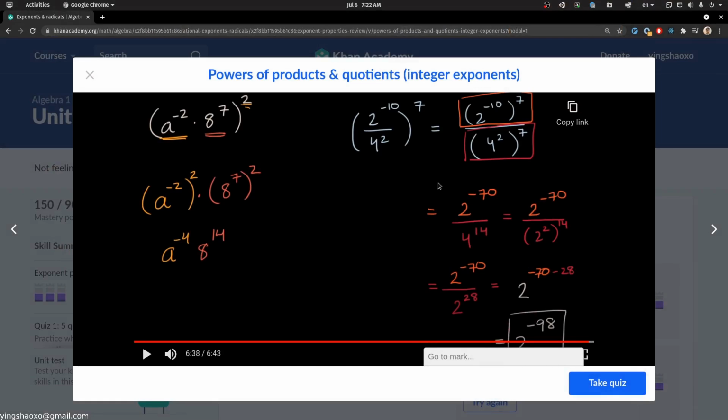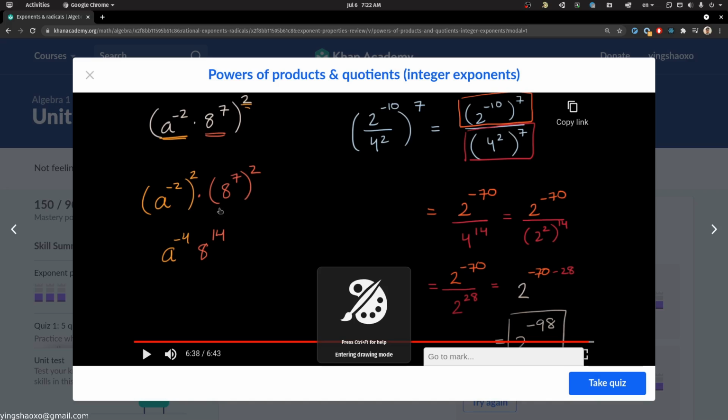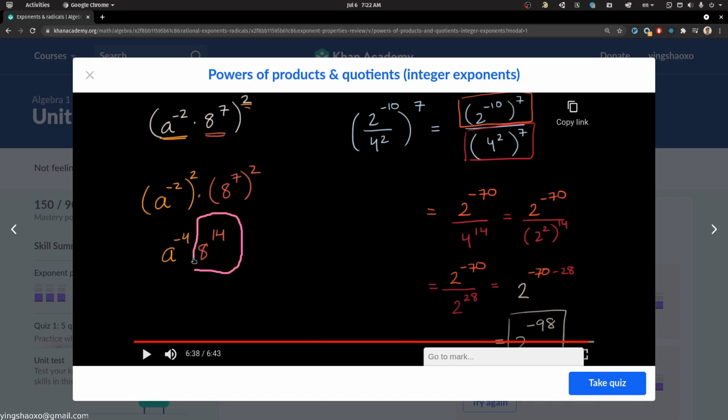Okay, that makes sense. So what do they call a number like this? They call it an exponent, right? And what do they call this behavior? They call it quotient. And what do they call this kind of operation? They call it product. And for each operation, the power number would behave differently.